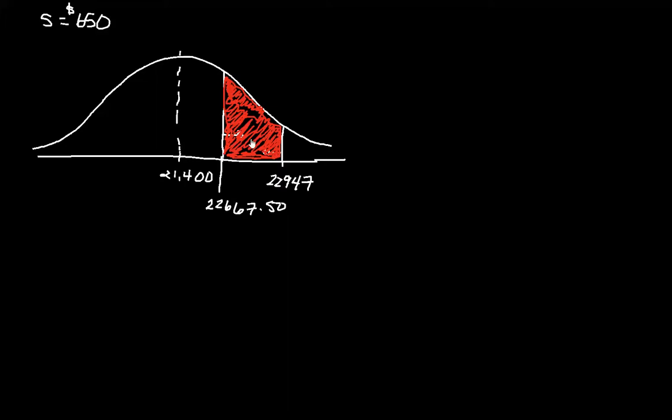The reason is because the average for this situation is 21,400, and I want to find the probability that x is greater than 22,667 and less than 22,947.